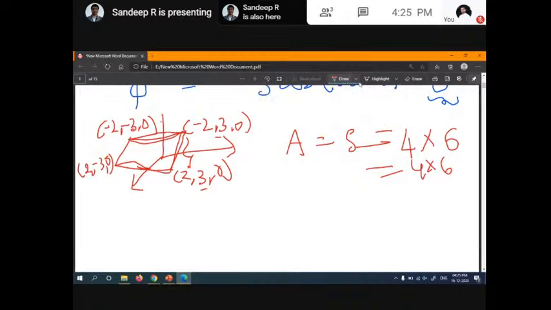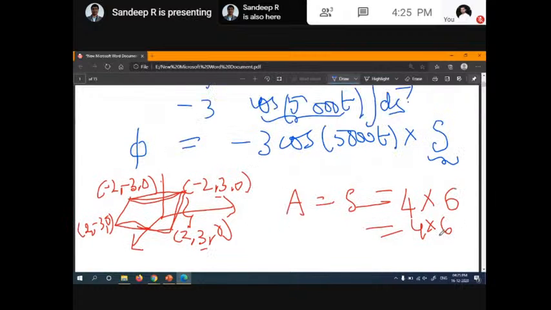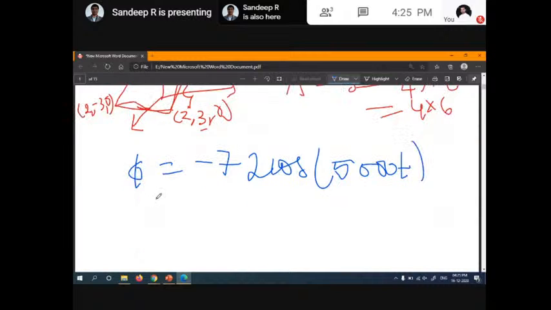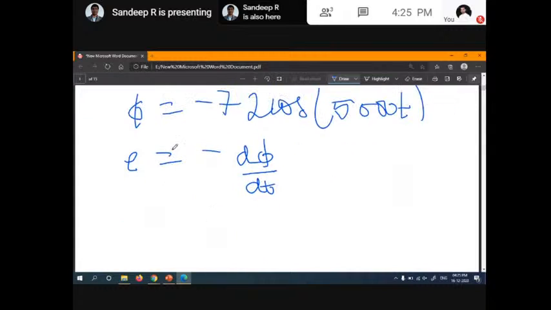Now phi can be calculated. Phi is equal to minus 3 into 4 into 6, so it is minus 72 cos of 5000t. This is the expression for phi. Once you get phi, E can be calculated as minus d phi by dt.